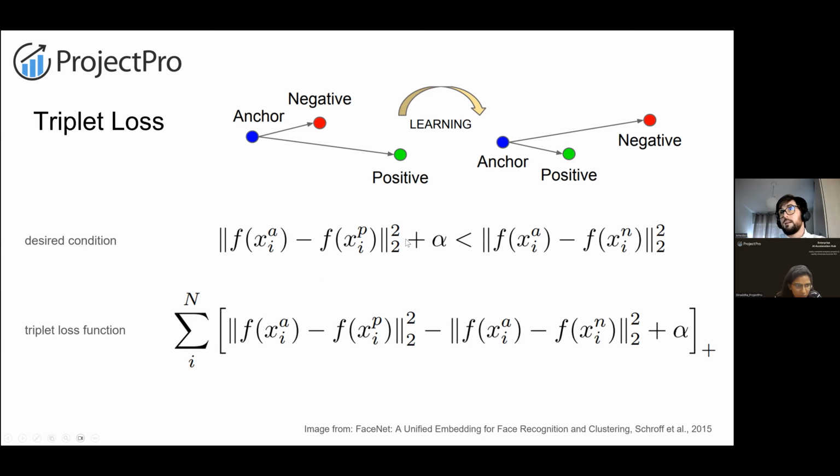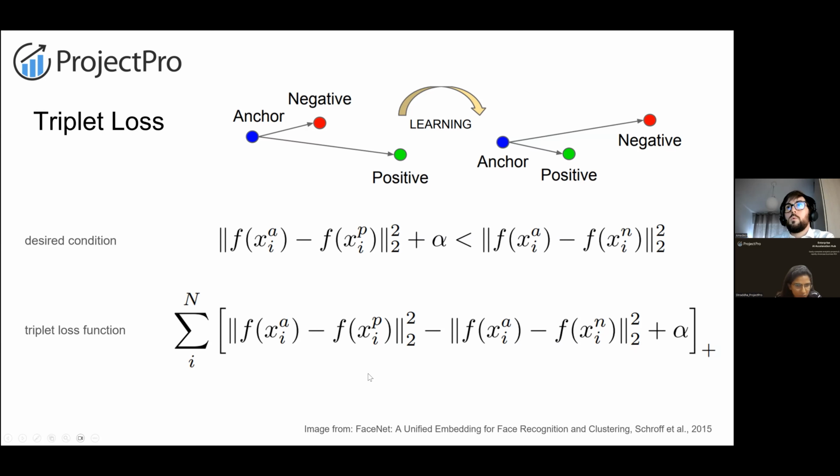To do that, we cannot feed this condition directly inside the model, because the neural network cannot be trained directly by this inequality. But we will use the loss function, the triplet loss function. We can see here the formula. Maybe we can reason about that later if we have time, but in general, you can simply see that it is what you obtain if you take this part of the equation, move it to the left so that we get a minus, and you take only the positive part of that equation, that is the square bracket with the plus.